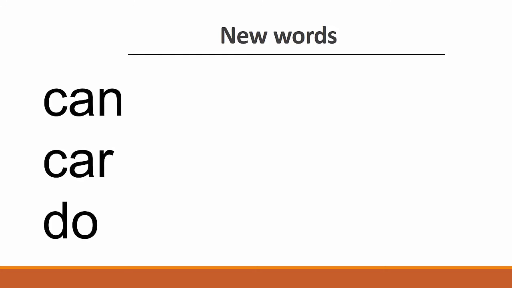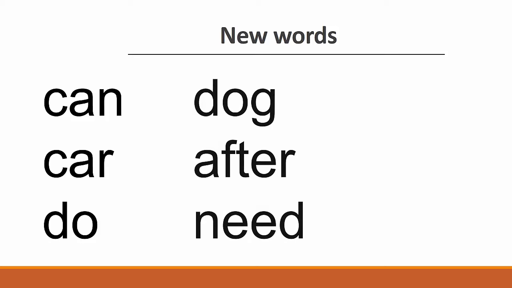Now we're going to read down again as a list. Ready? Can, car. Notice they both start the same. Do, D-O is do. Dog. It has a G at the end. It now goes from do to dog. After. That is a 2-syllable word.